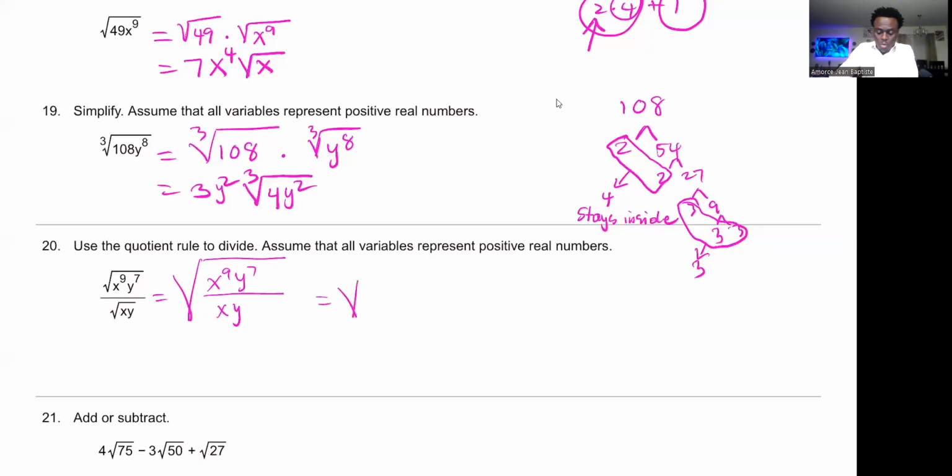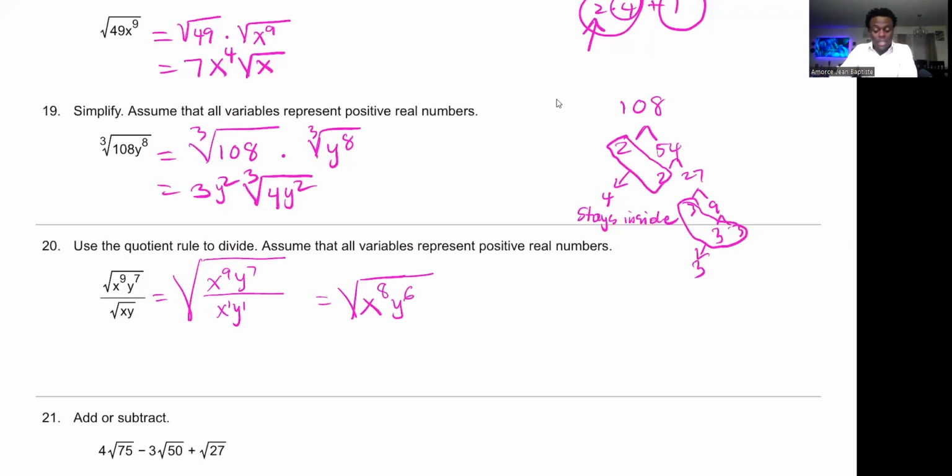Keep the radical. x, 9 minus 1 is 8. And then y, 7 minus 1 is 6.